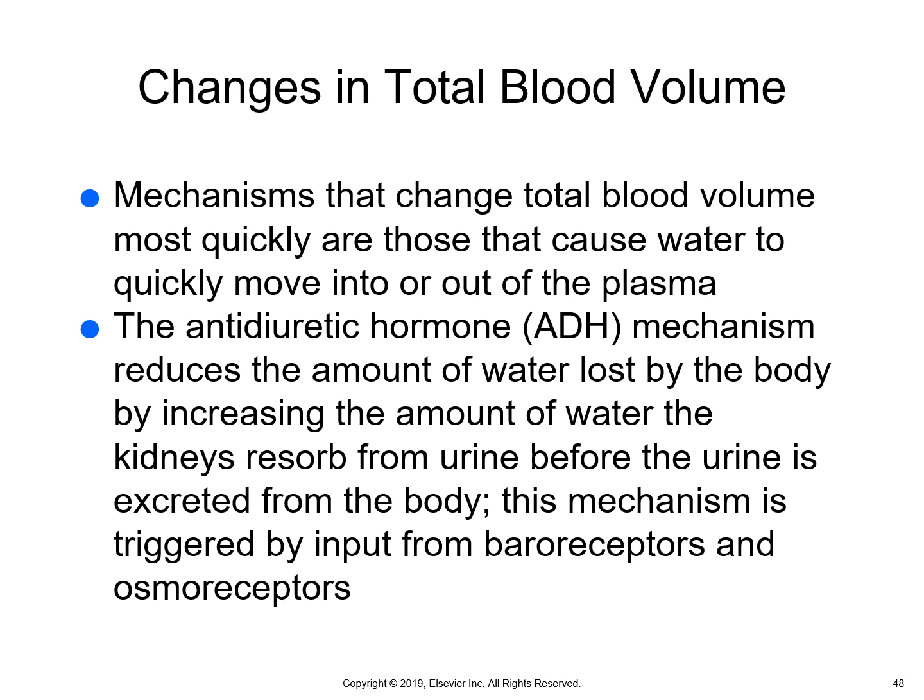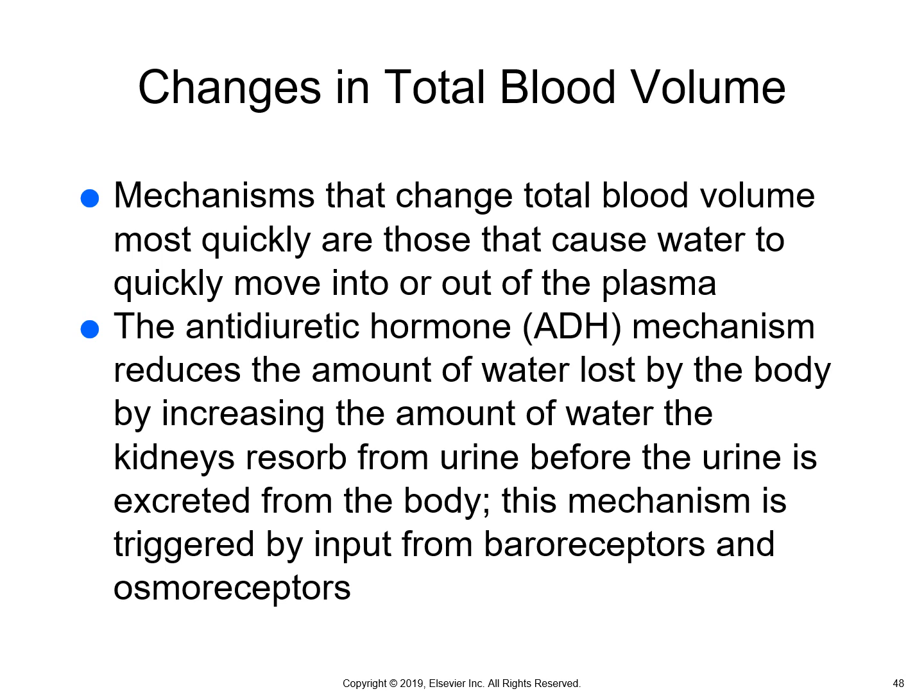Low blood volume is detected by the baroreceptors in the heart and also the blood vessels. Increased blood osmolality is detected by osmoreceptors in the hypothalamus.